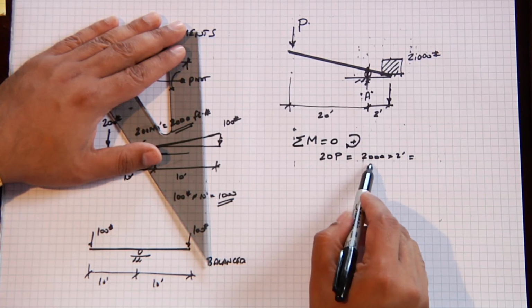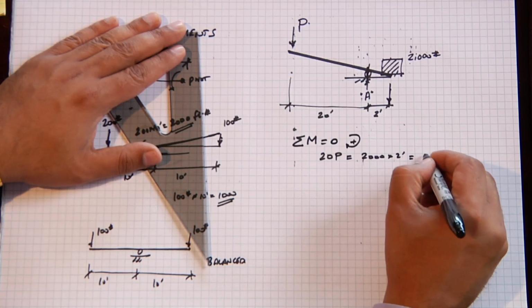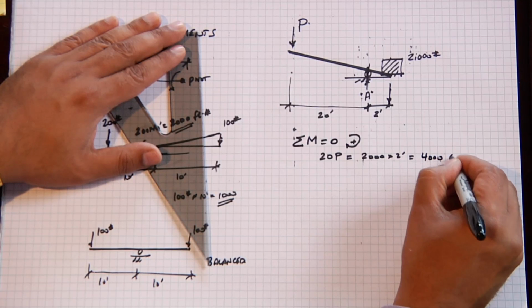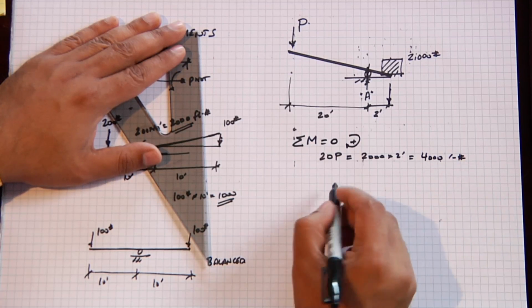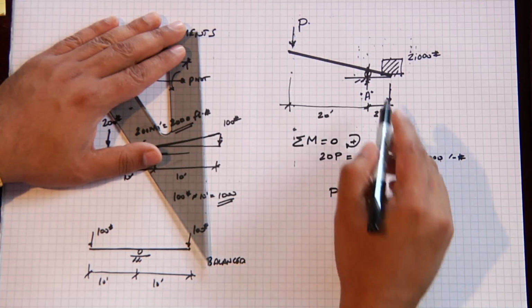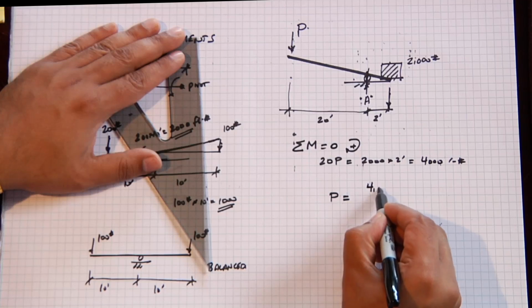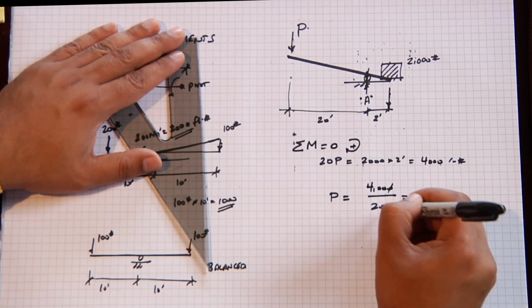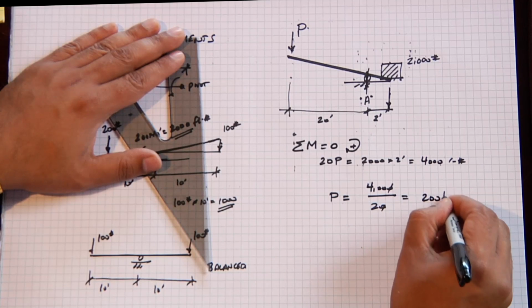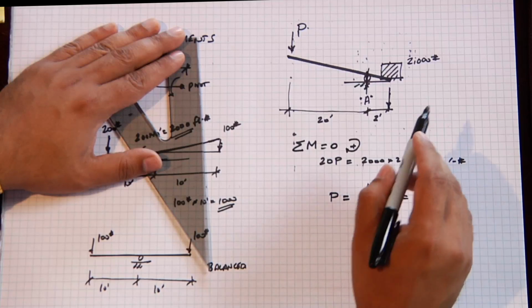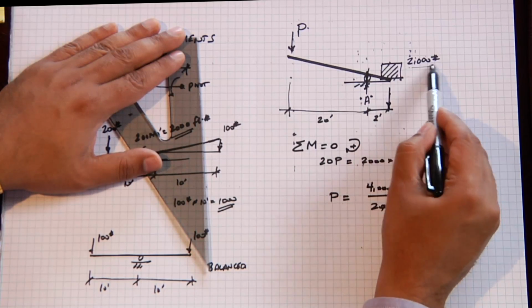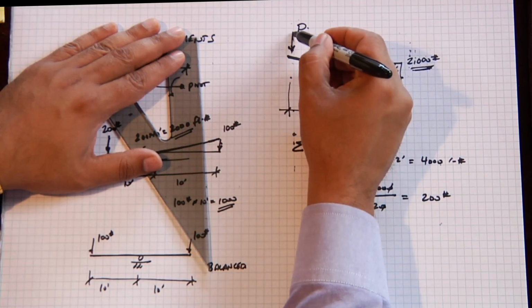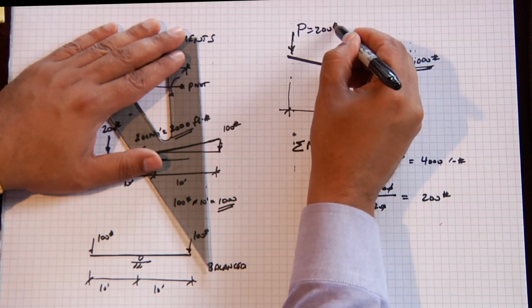So 20P is equal to 2,000 times 2, which is 4,000 foot-pounds. So P, in order to lift that weight, would be 4,000 divided by 20, which is 200 pounds. That means I can lift a weight of 2,000 pounds by applying a 200-pound force 20 feet away.